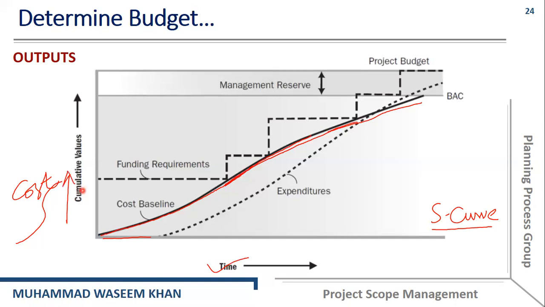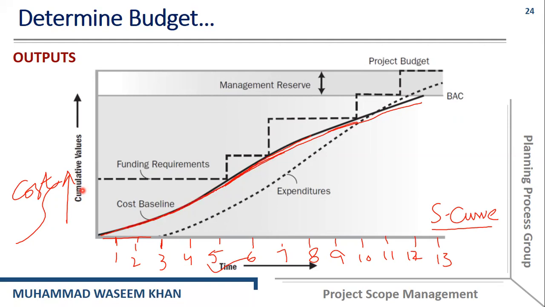For example, the time on the x-axis is 1 month, 2 months, 3rd month, fourth month, fifth, sixth, seventh, eighth, 9 months, 10, 11, let's say 12, and 13. So we can say that we have 13 months of time for this particular project.